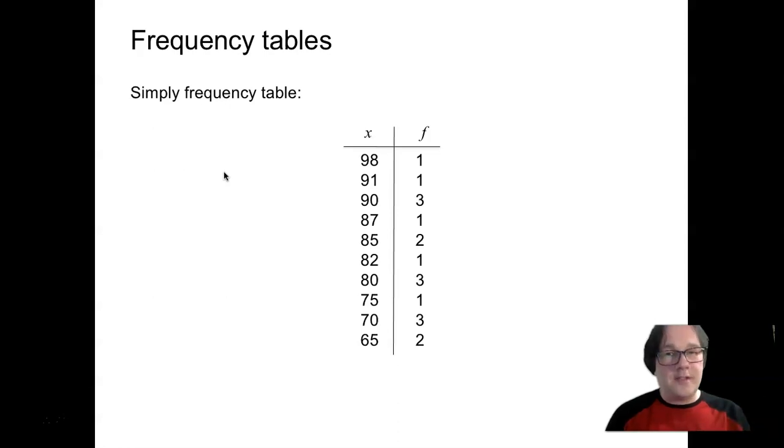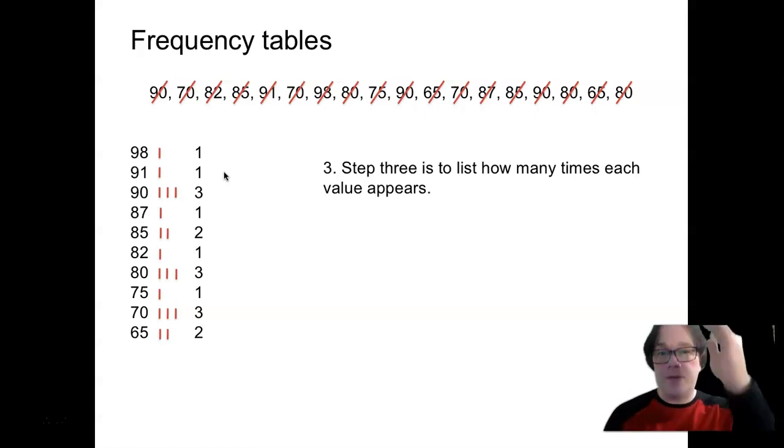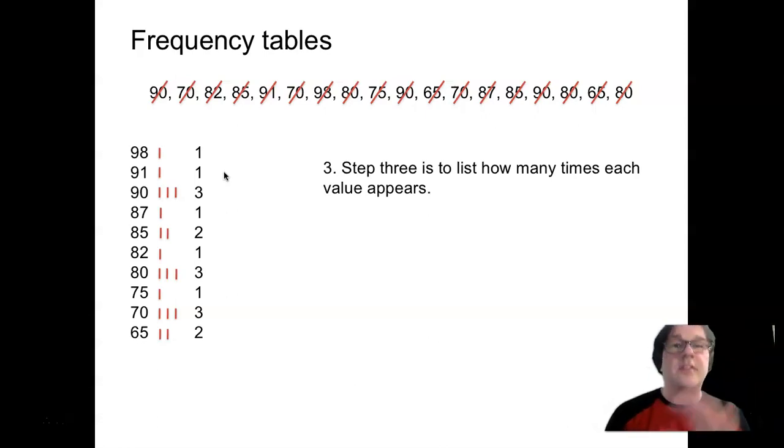Let me just go back to the previous slide so you can see what we did here. Step 1 was to list each unique non-repeating score from highest to lowest. Then we created a tally column just to help us keep track of our scores. Then we created another column that took those tally marks and put them into numerical value.